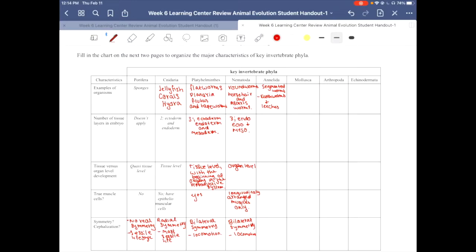And I'm just going to start writing 3 for these because we know it's going to be ecto, endo, and mesoderm. So I'm going to write a 3, and that's going to tell us that they have all 3 of the layers.